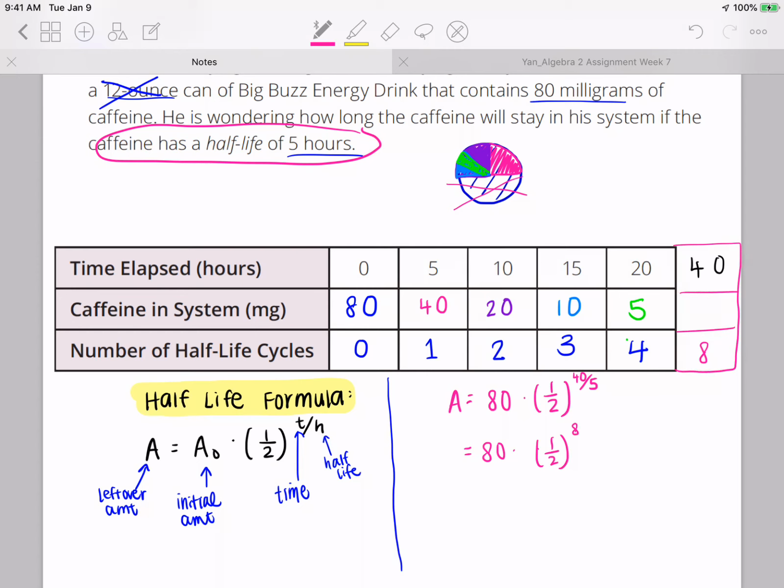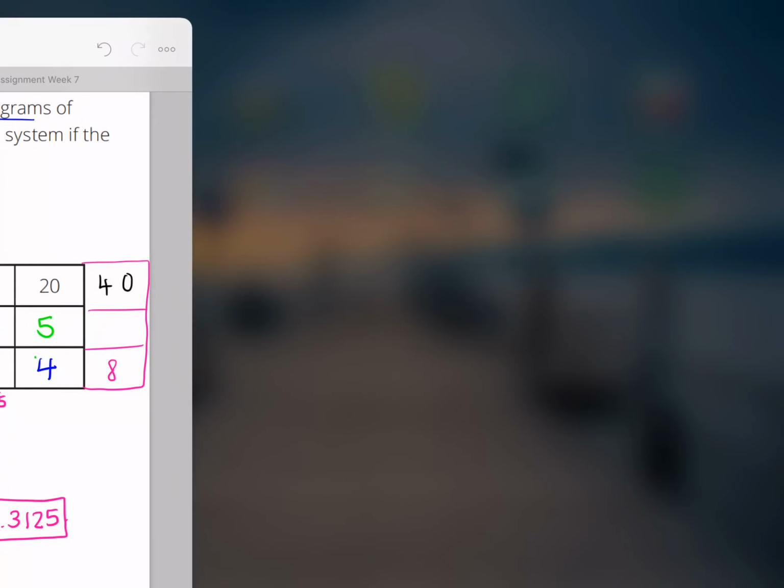Okay, but how much caffeine is really left in the system would be 5 over 16 if you put it in your calculator, which is 0.3125. Okay, I'll show you guys one more time how to put it in the calculator.